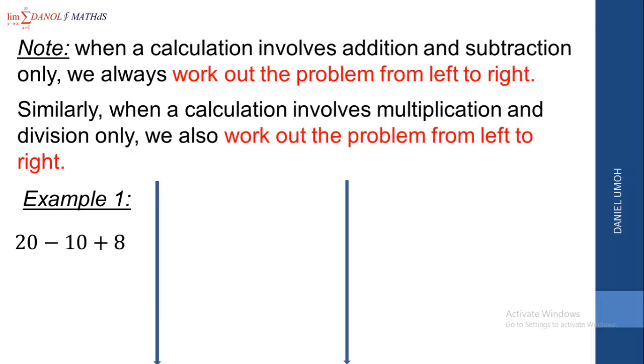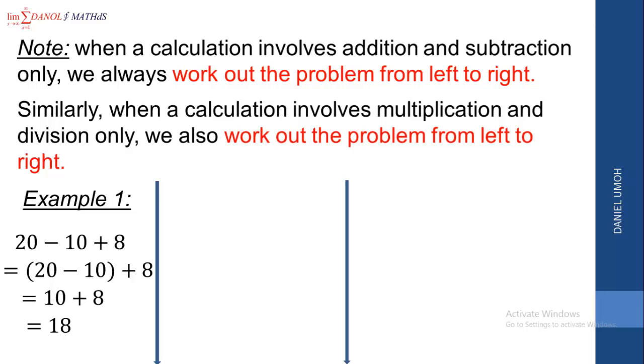We solve 20 minus 10 first and then keep the plus 8. Of course, 20 minus 10 gives us 10. And then what is left is the plus 8. We now have 10 plus 8. That gives us 18. It's as simple as that. We start from the left. We solve 20 minus 10 first to get 10 and then add the 8 to get 18.